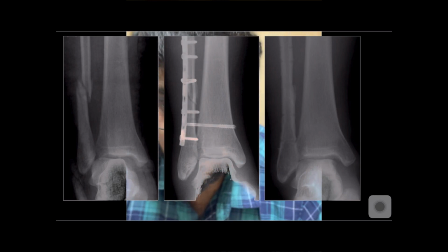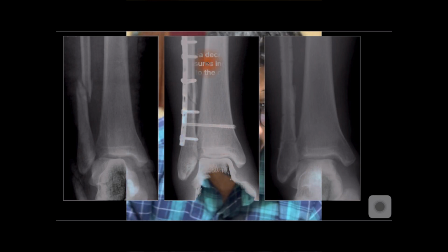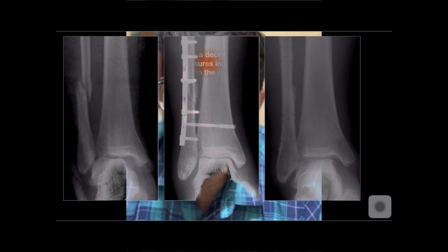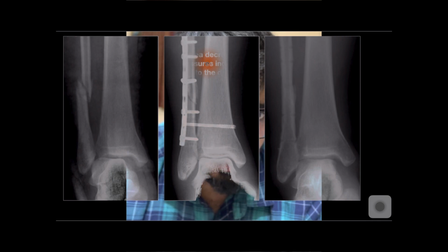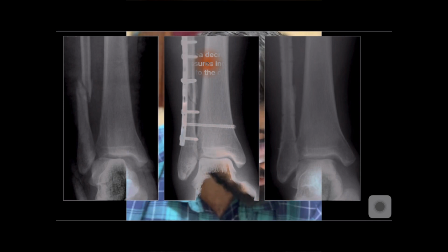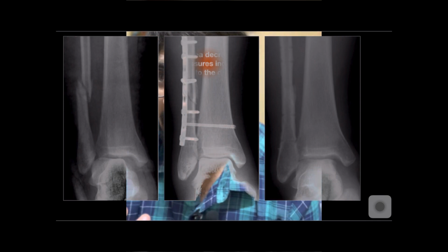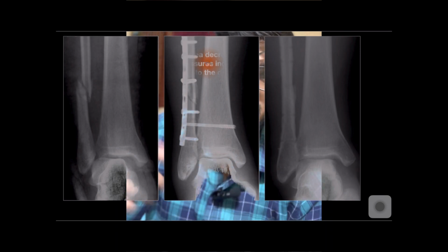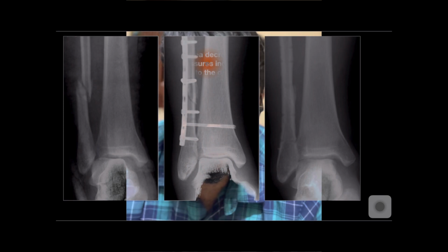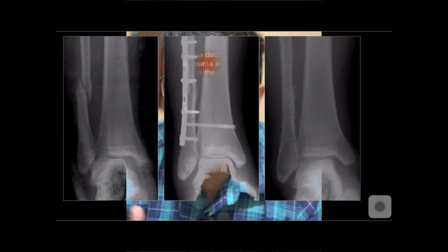So what will happen if this medial clear space increases? What are the consequences? Number one, the giving way of the ankle, the medial ankle instability. There will be a problem while coming downstairs, and the patient will have pain. And what are the other things?